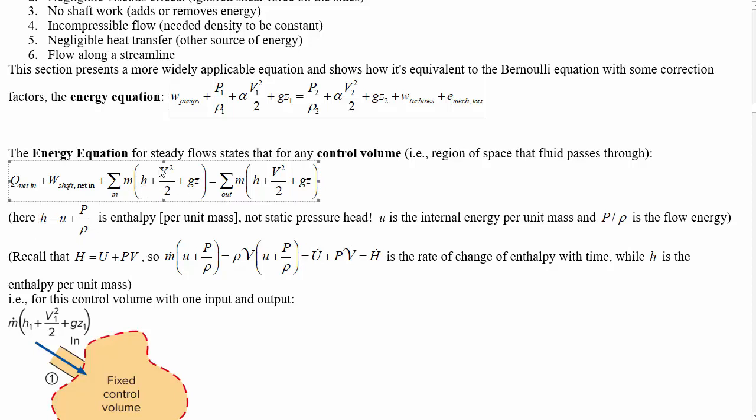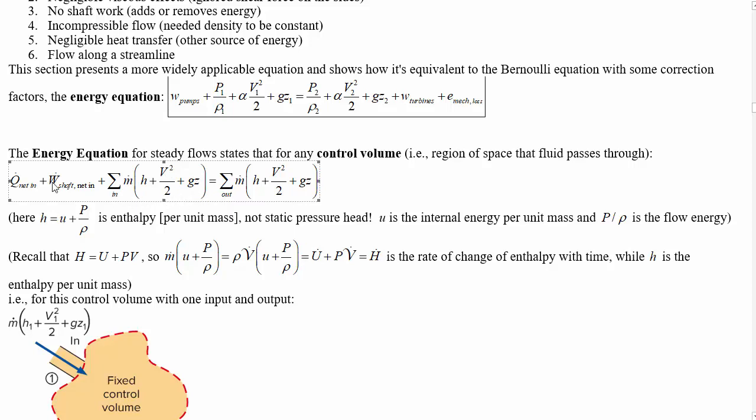And we're going to add to that velocity squared over 2, which when we multiply by the mass flow rate is going to give us the kinetic energy of the entering fluid, plus gz, and m dot times gz is the gravitational potential energy of the entering fluid. So the rate of entry of enthalpy, rate of entry of kinetic energy, and rate of entry of gravitational potential energy of the fluid coming in.